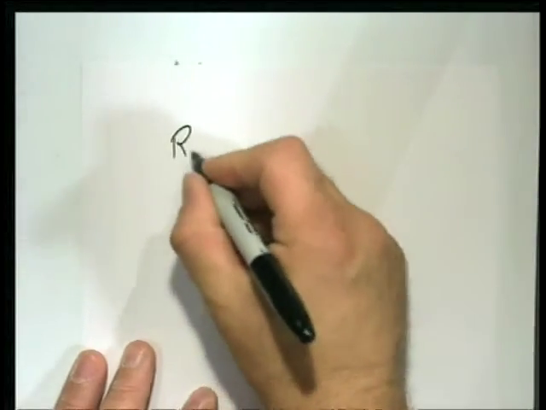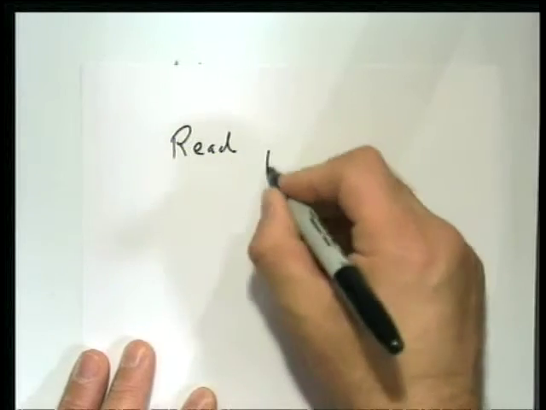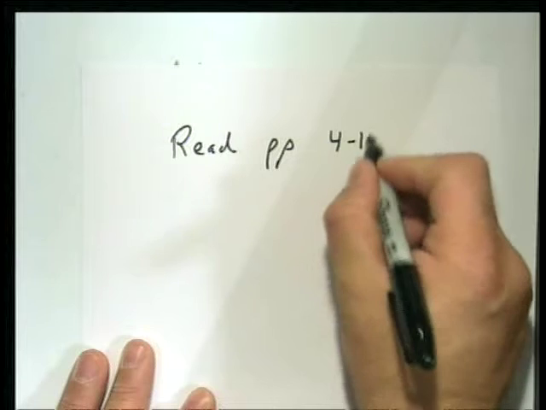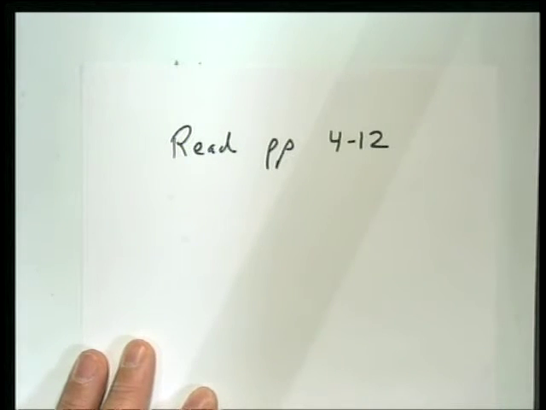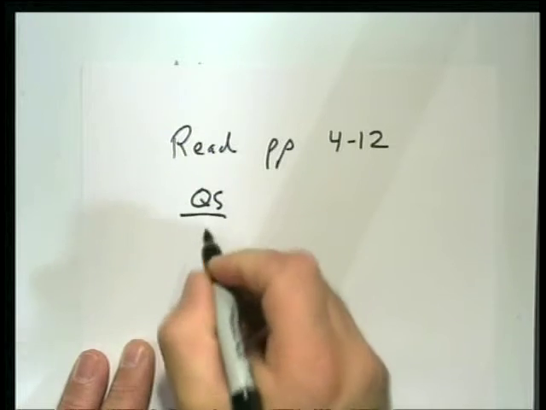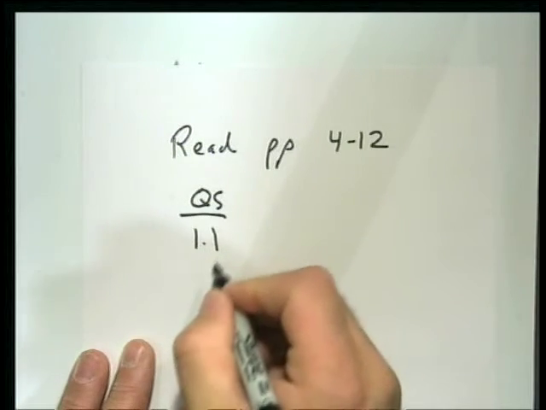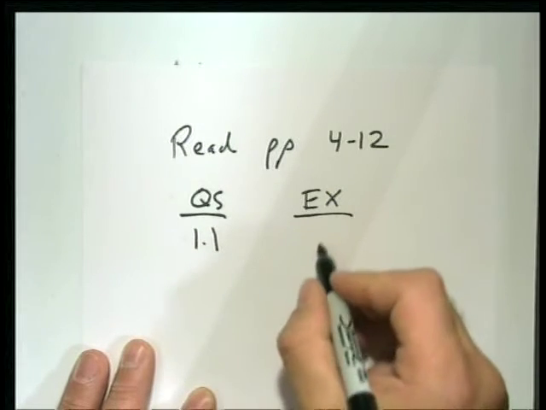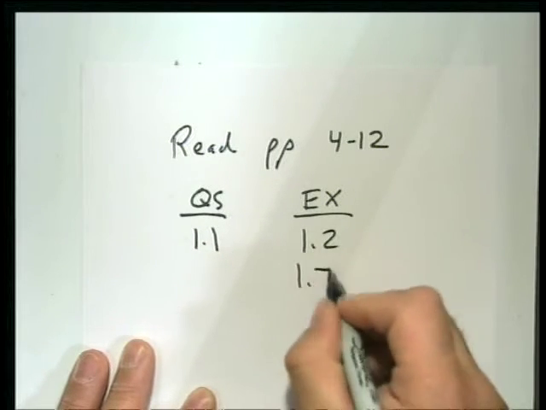What I want you to do is I want you to read pages 4 through 12 in your textbook. And then I want you to do quick study 1-1 and exercise 1-2 and 1-7.